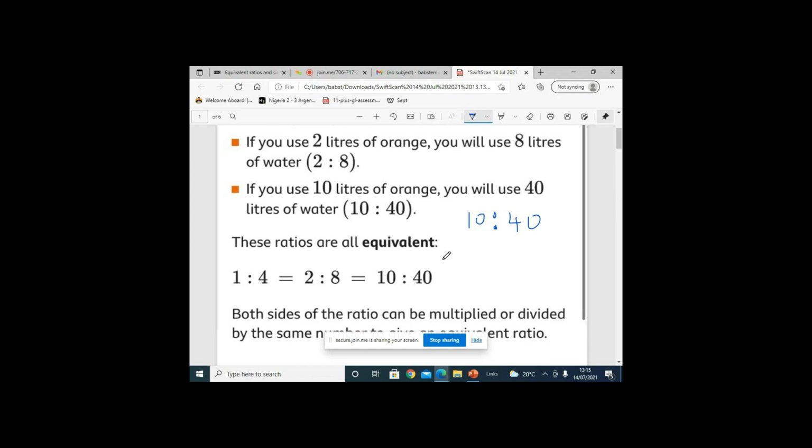So you have to divide both sides by 10. 10 divided by 10 gives you 1. 40 divided by 10 gives you 4. So 10 to 40 is ratio 1 to 4.